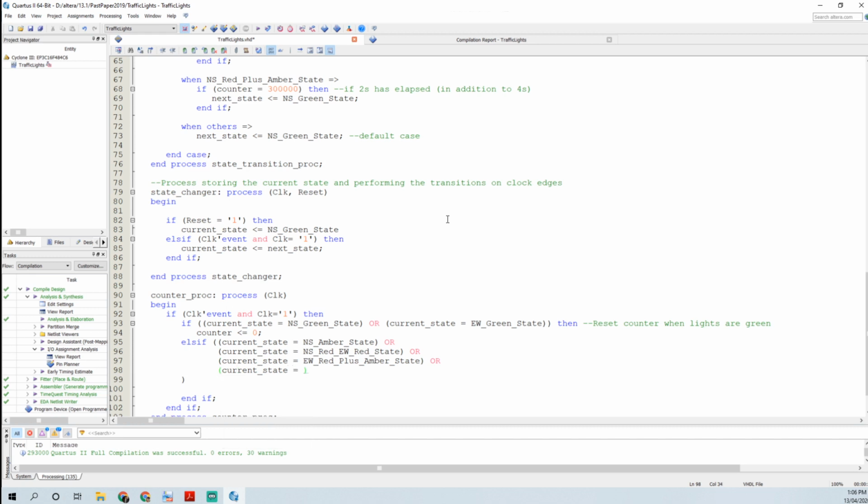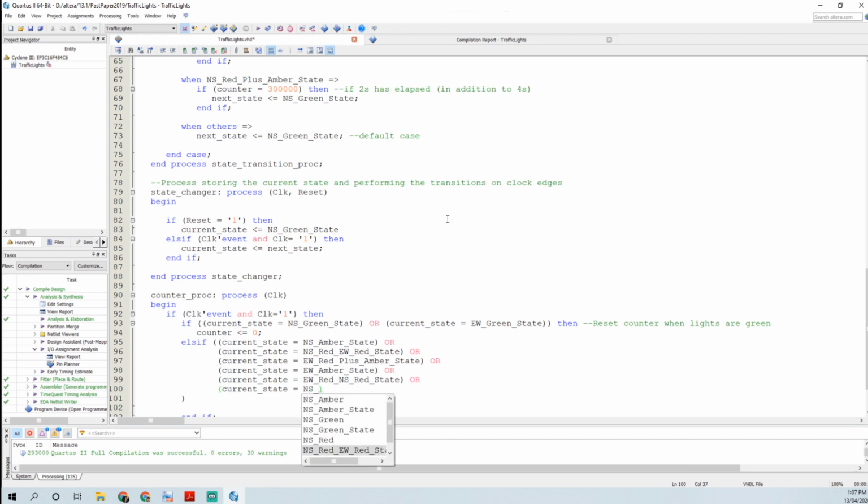Right, so if I'm in north-south orange or amber, north-south to east-west red plus amber, east-west orange or east-west amber, or I'm in east-west red to north-south red, or I'm in north-south amber plus red.